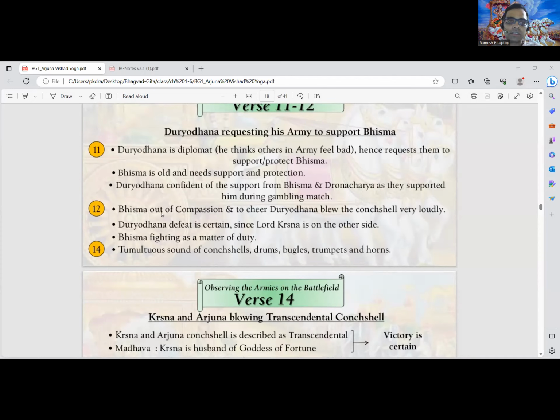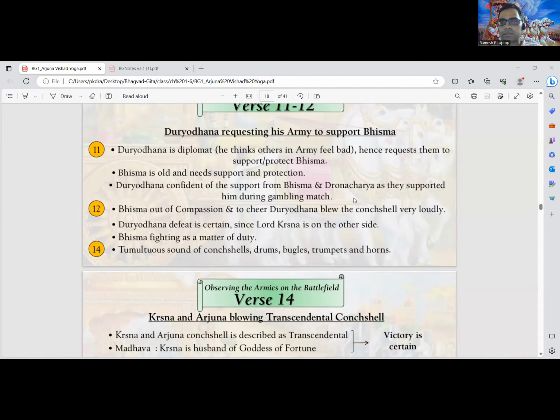This is what is in shloka 12: Bhishma, out of compassion to cheer Duryodhana, blew the conch shell very loudly, followed by everyone with conch shells, drums, bugles, trumpets, and horns.